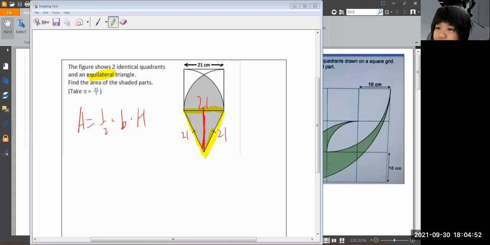Can we measure? Of course you can. Oh wait, no, we cannot measure. Cannot. Okay.